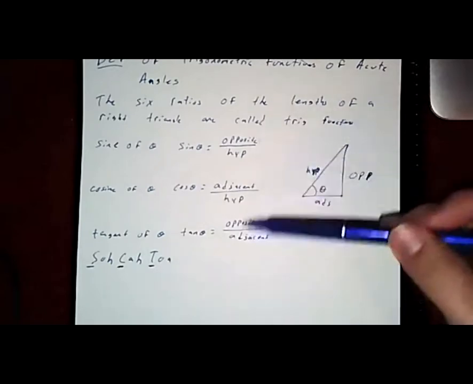Okay. Now there are reciprocals of the original 3 functions that form the other 3, for a total of 6 functions. So cosecant of theta is equal to hypotenuse over opposite.